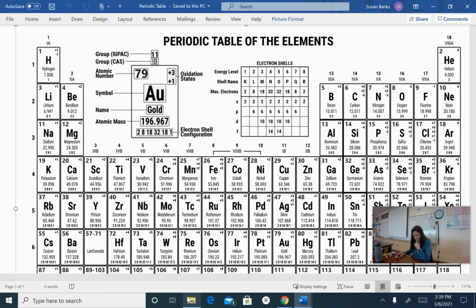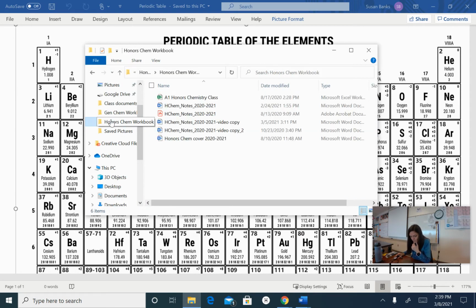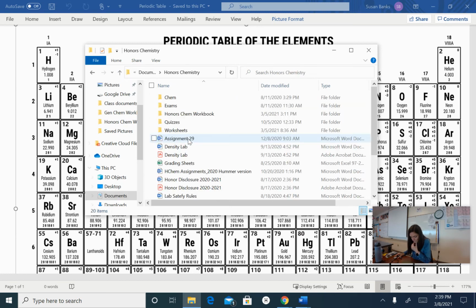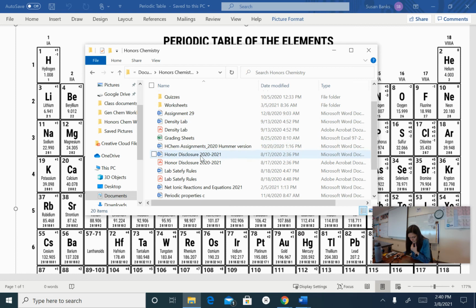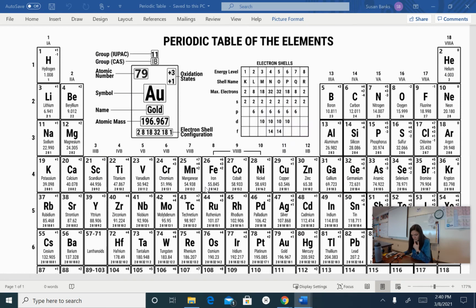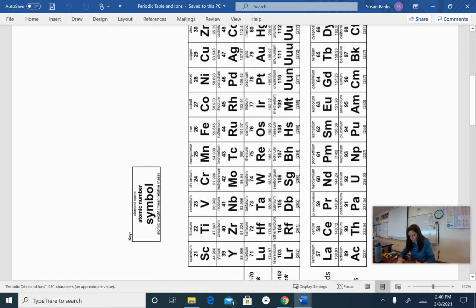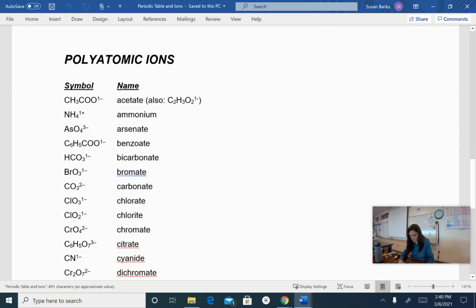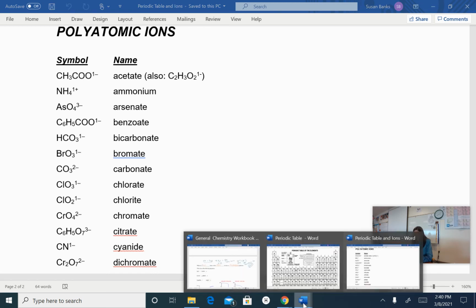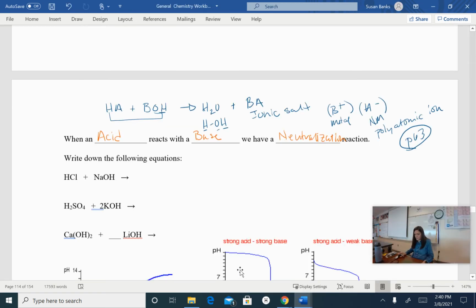So let me see if I can get up the polyatomic chart. And the easiest copy I have is probably in the notes. Let's see. Periodic table and ions. Okay, we're going to want this second chart with the polyatomic ions. Okay, so we've got all the things that we need. So let's start looking at these reactions.